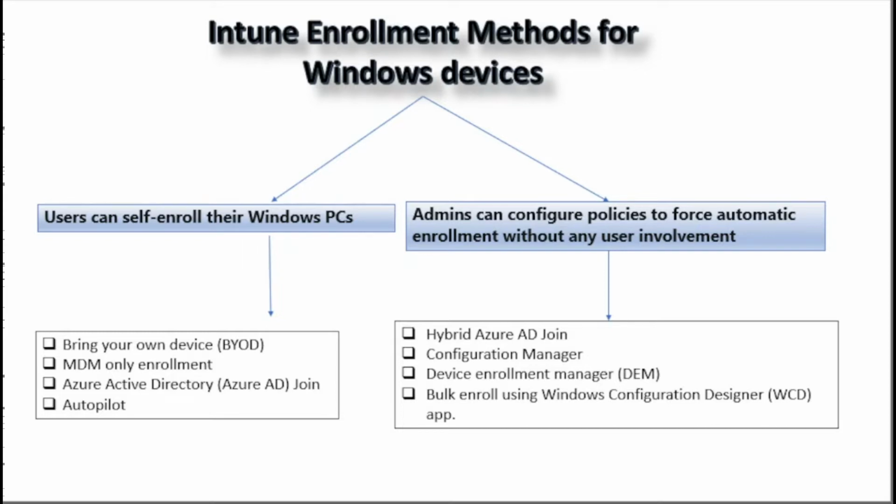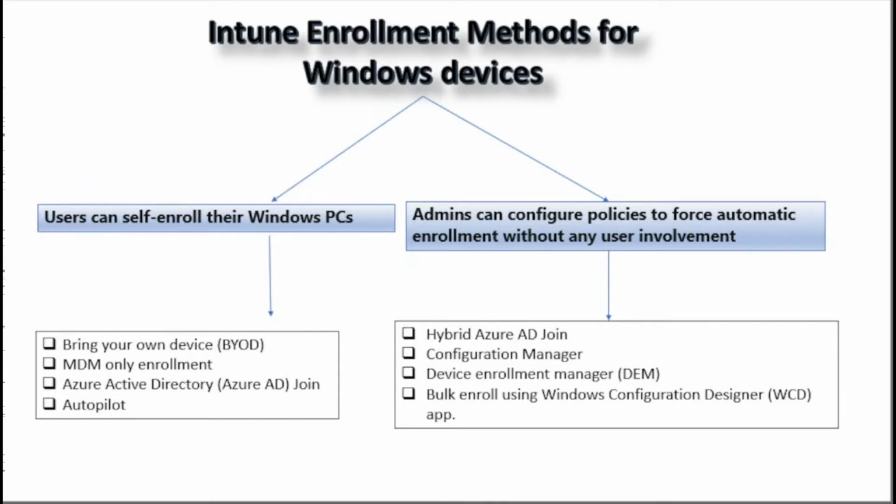The third one is the Azure Active Directory join method, where the machine is going to register and join Azure AD as well as enroll in Intune. The last one, the user can perform Autopilot, where again the machine is going to join either Azure AD or hybrid Azure AD and then enroll in Intune.